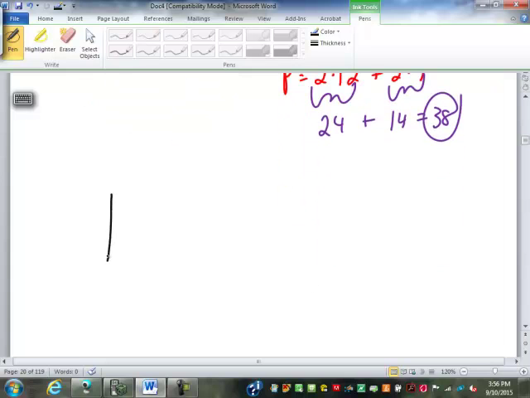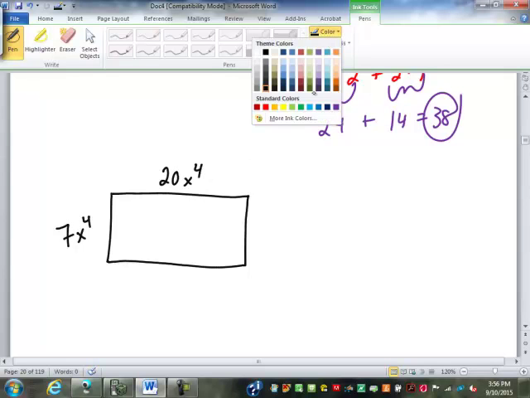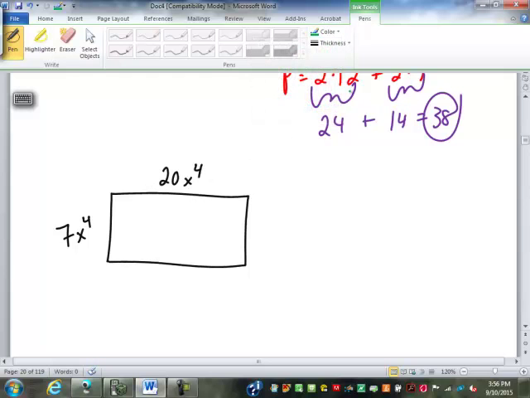Well, what if we had the sides listed like this? Our perimeter is equal to 2 times the length, so it's going to be 2 times 20x to the 4th, plus 2 times the width, so 2 times 7x to the 4th.